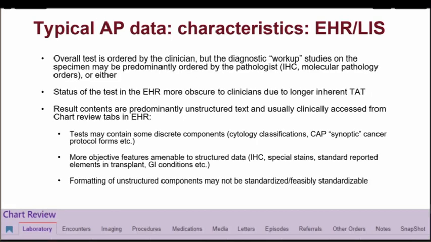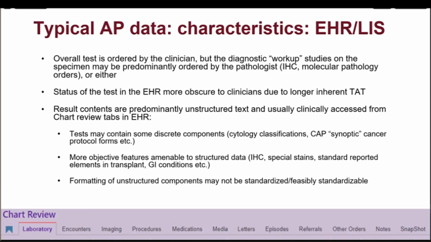Typical AP data from an EHR perspective has some key differences. Overall, the test itself, such as a surgical pathology exam on a biopsy sample, is usually ordered by the clinician, but there are essentially orders that happen at the patient level, and then there are often additional orders that happen at the specimen level.